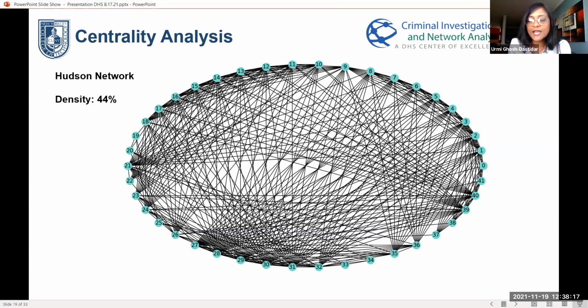So the original network was a directed network. We built the network before. We looked at the biodiversity, the animal prey and predators in the Hudson River, and we developed a directed network where the arrows go from prey to predators.